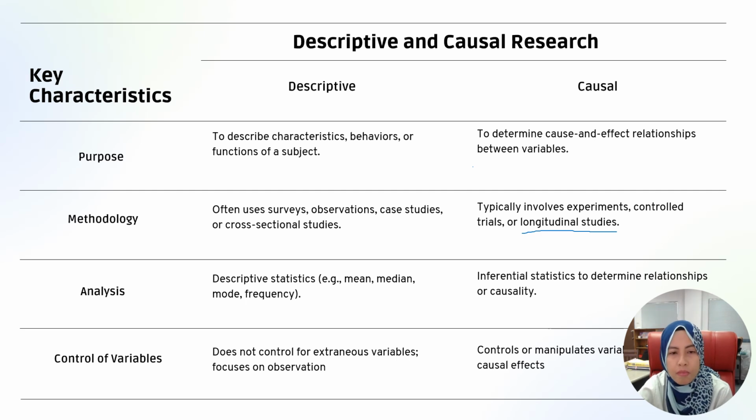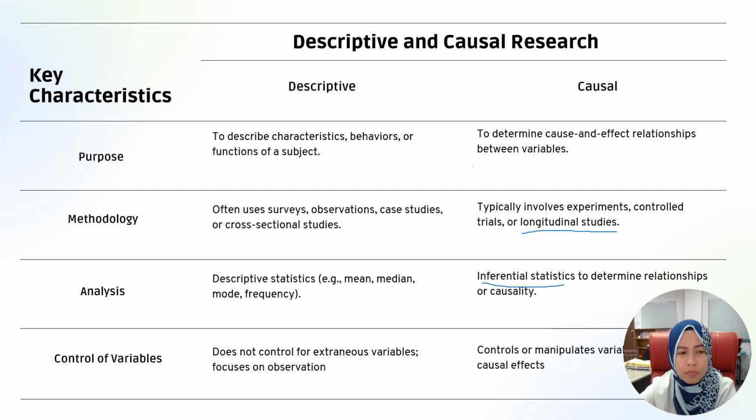If you perform descriptive analysis, you can do descriptive statistical analysis. But if you are dealing with causal research, you need to use inferential statistics to determine the relationship, meaning that you have to perform the statistical analysis by comparing before and after, or between parameters, because you are dealing with the relationship between the cause and the effect of the variables.